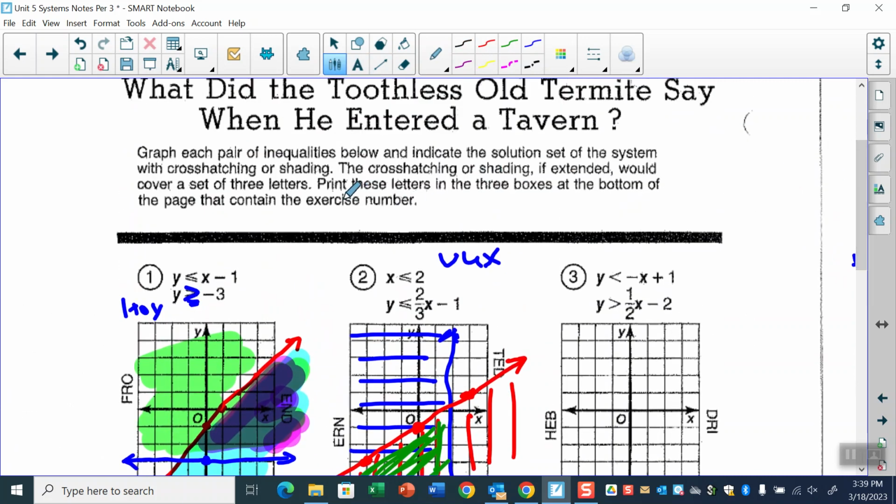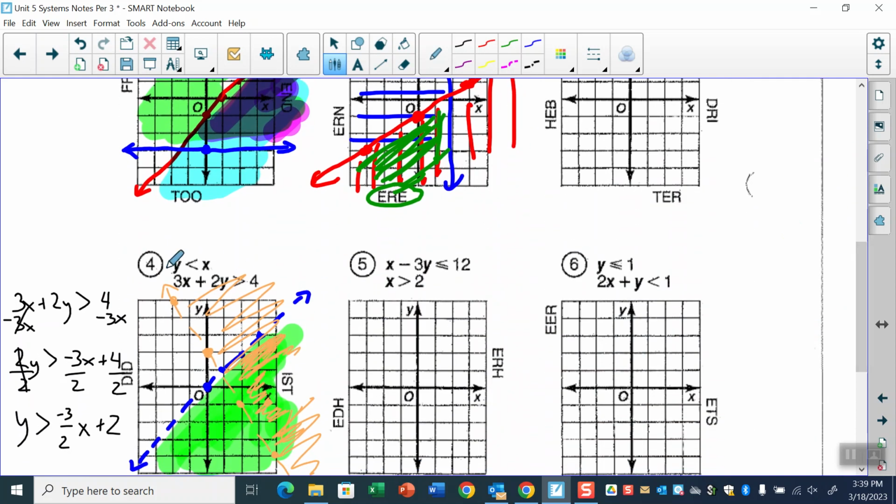That's what the directions say. The directions say the shading is going to cover 3 letters, and it says print these letters in the 3 boxes with the number. So I'm going to find that number 4, and I'm going to write these 3 letters, IST.